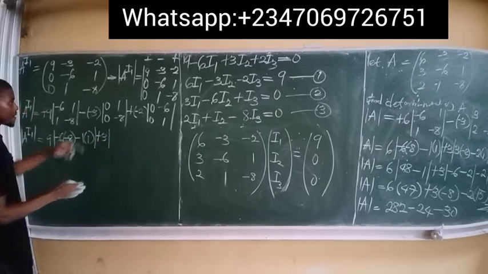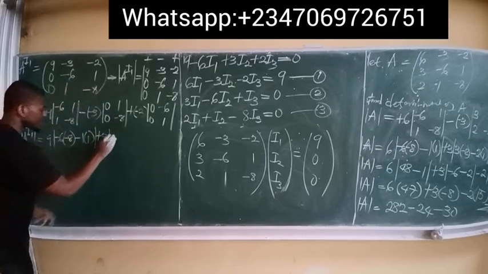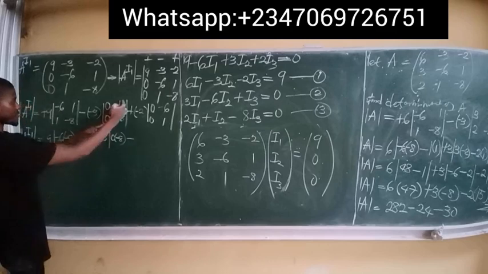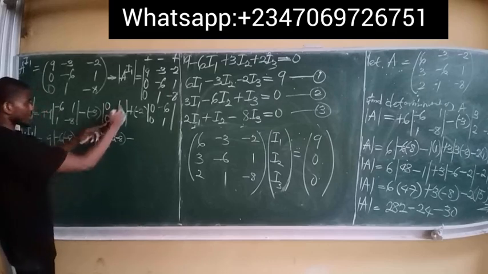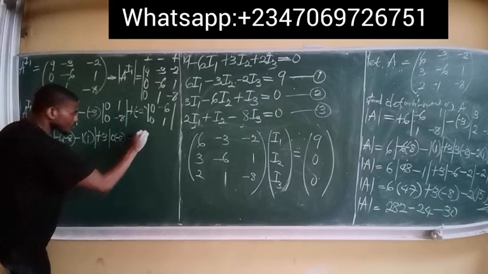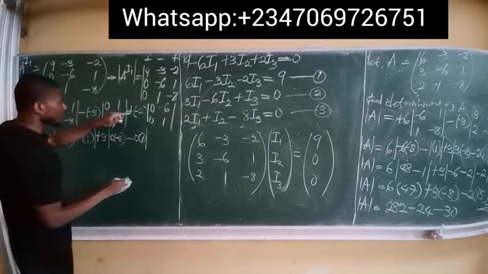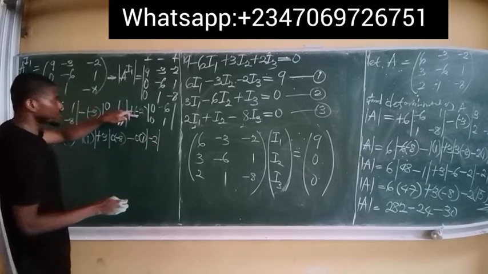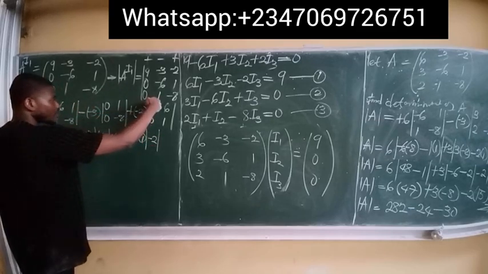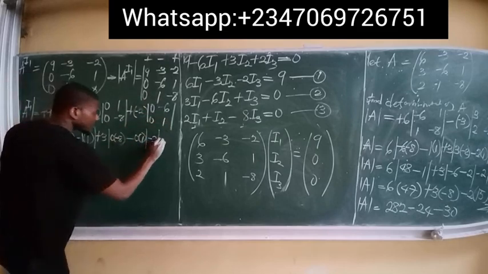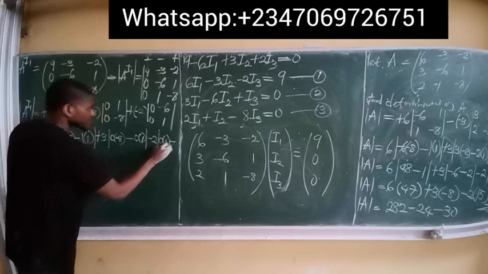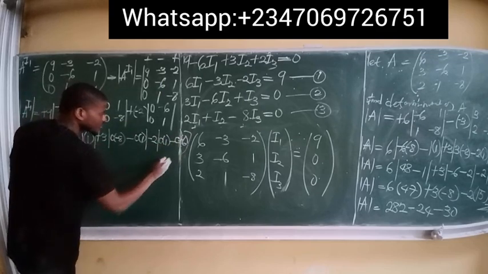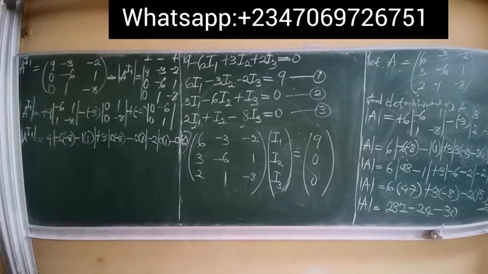Put the determinant bar, you have the major 0 times minus 8 minus 0 times 1. Finally, plus and minus here becomes minus 2. Put down your determinant bar, major arm, which is 0 times 1, minus 0 times minus 6. Okay, so you have this.